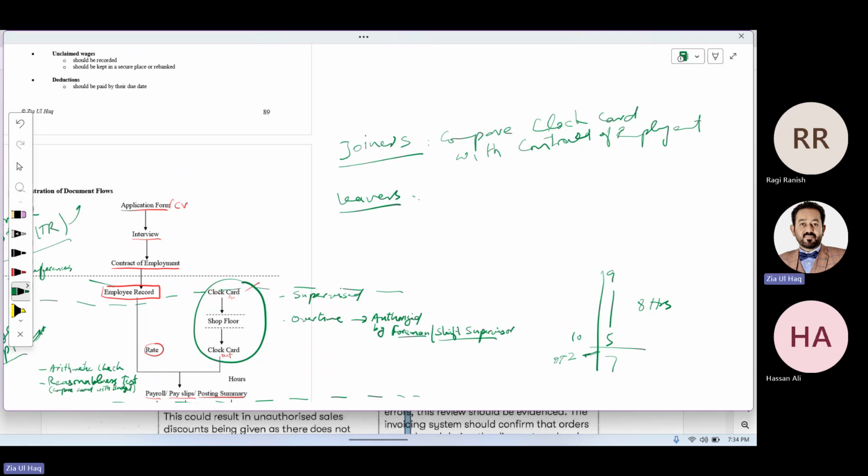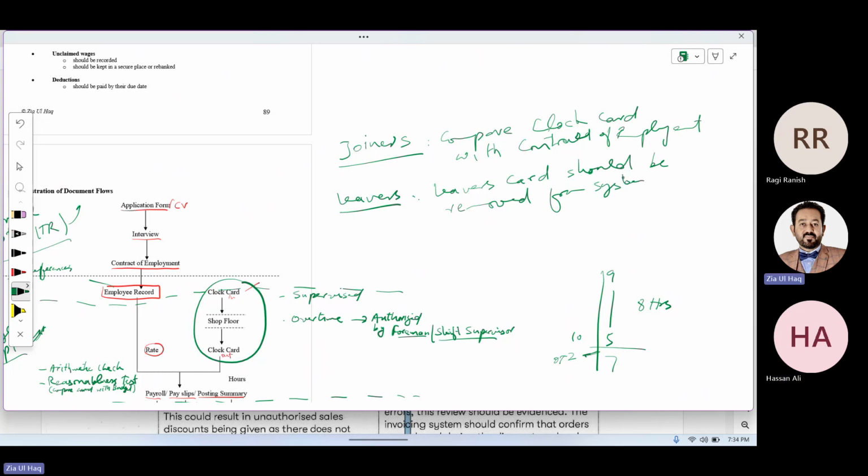And for leavers, if an employee left the company on the 20th of the month and the company pays on the first for the complete 30 days, there might be some colleagues who are recording their hours even after the 20th onward. So what we need to do is the leaver's card should be removed from the system.